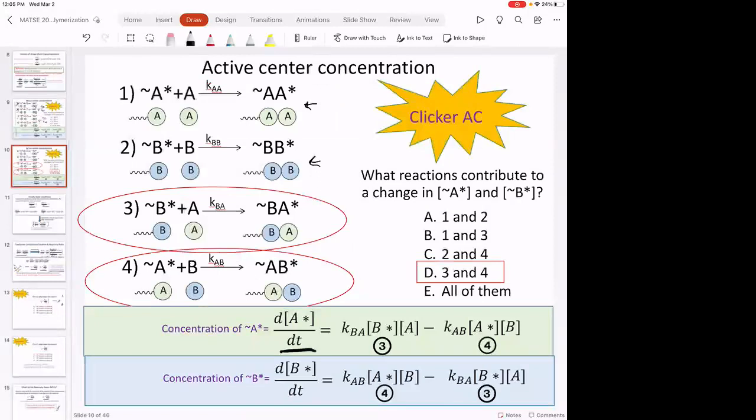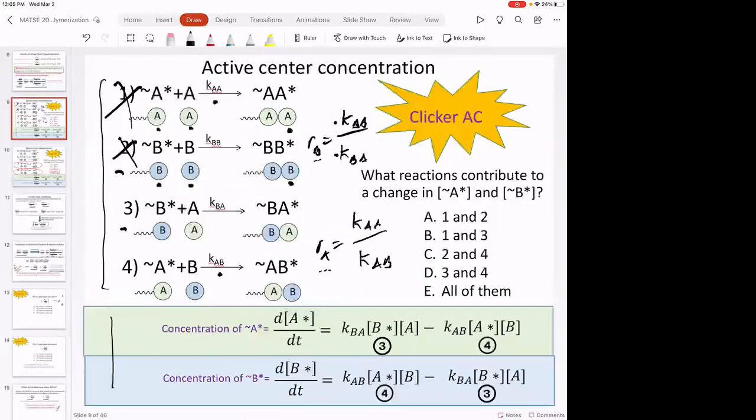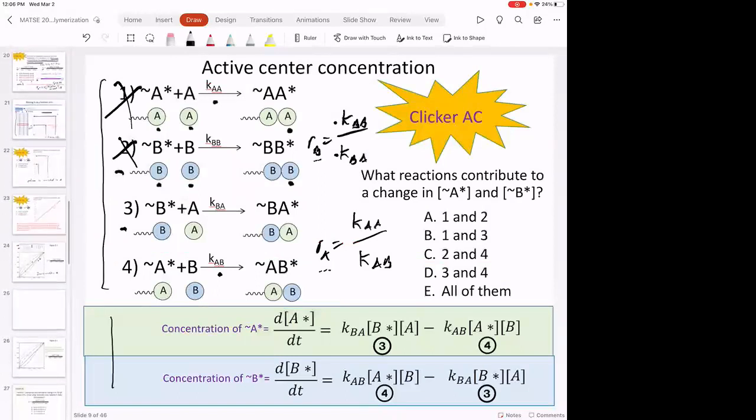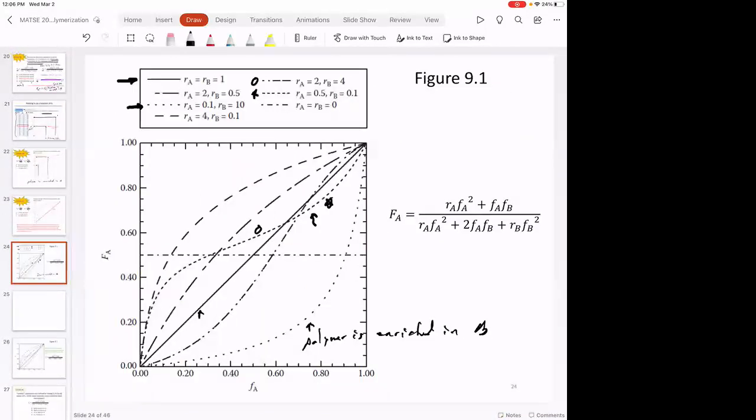If they're both less than 1, it means that cross propagation is favored. If they're both greater than 1, it means that homopropagation is favored for both active centers. And we'll talk about how that matters because we're changing both the concentration and the reactivity ratio. We're changing this Fa, and that changes the plot. Talk about that on Friday.